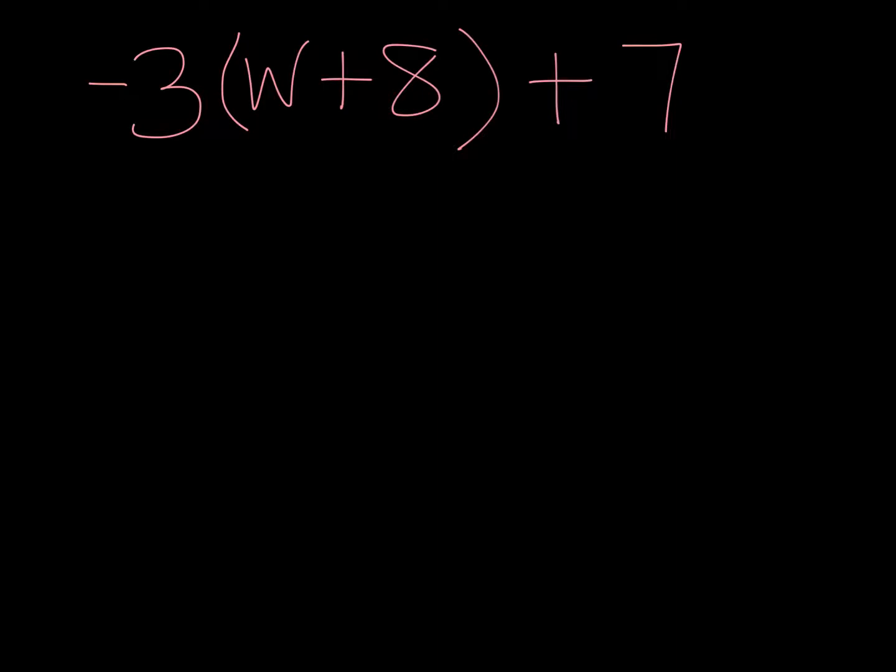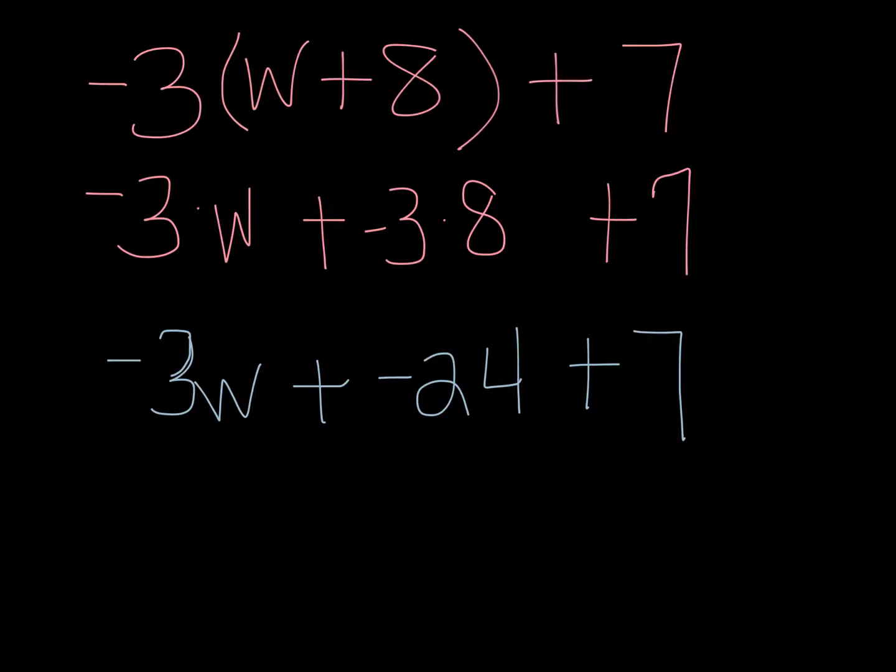Alright, here's another example. Go ahead and try this example on your own, pause the video, and then check it. Alright, so after you use the distributive property, negative 3 times w gave me negative 3w, and negative 3 times positive 8 would give me negative 24. And I had that plus 7 out here at the end.